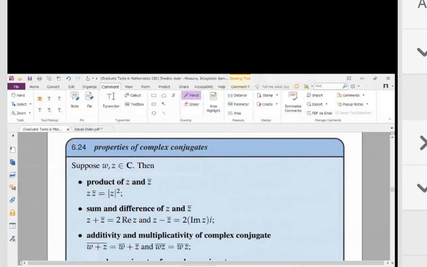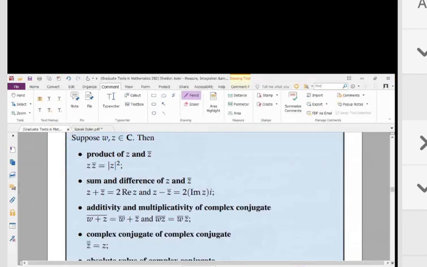And we have this equality, and these two are very easy. You know this equality: z plus z bar equals 2 multiplied by the real part of z, and these equalities are very easy.